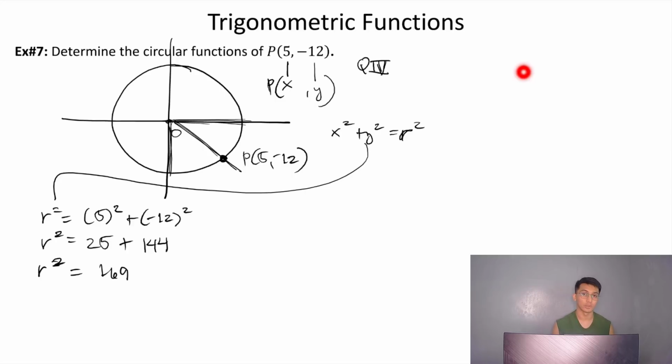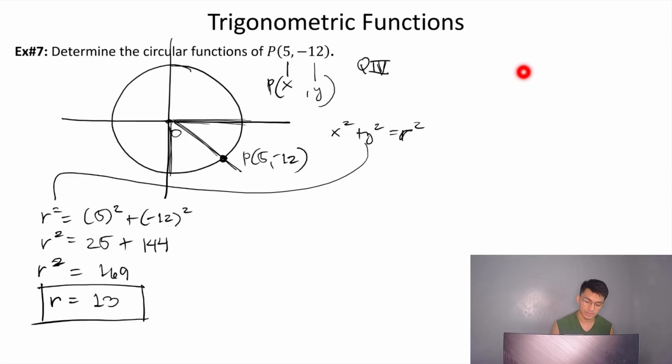And solving for the r alone, the hypotenuse, or the radius, we have square root of 169, the exact value of 13. Now, hindi pa yun ang final answer natin. So, ngayon, alam na natin yung hypotenuse and yung dalawang sides na 5, negative 12, hypotenuse na 13. We can now find the values of the circular functions given the coordinate point.